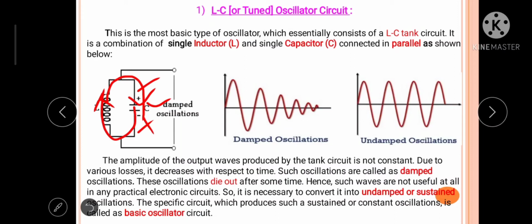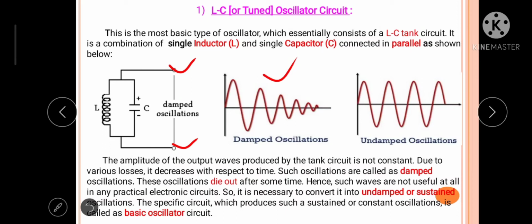And thus this interconversion of energy from capacitor to inductor and inductor to capacitor continues for a long time. Finally, if we take the waveform across this tank circuit or tuned circuit, we get a waveform like this, which is called damped waveform or damped oscillations.